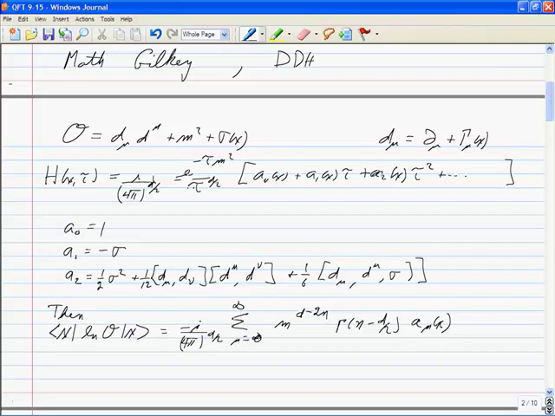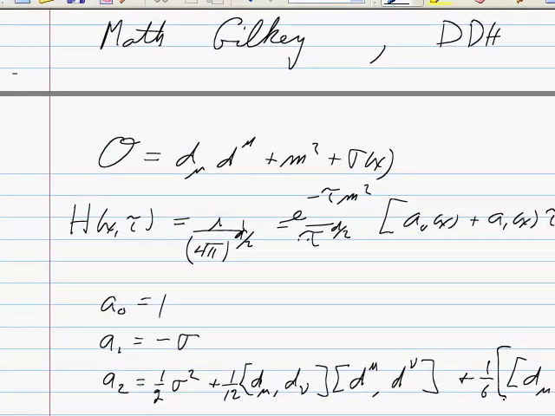What's the last term of the a_2? This is a double commutator. I need another commutator here. Yeah, it's a double commutator. Sorry, I got it in the wrong place there. The second commutator should go there. So you commute d with sigma.